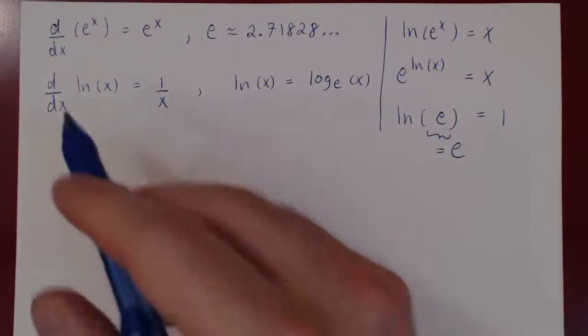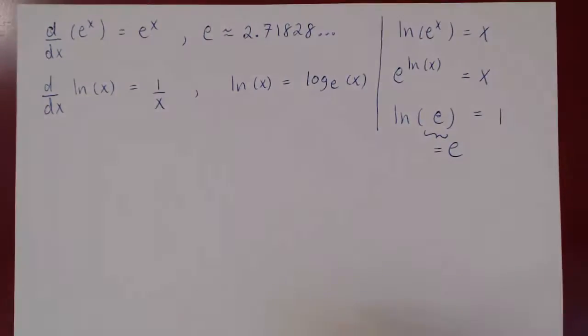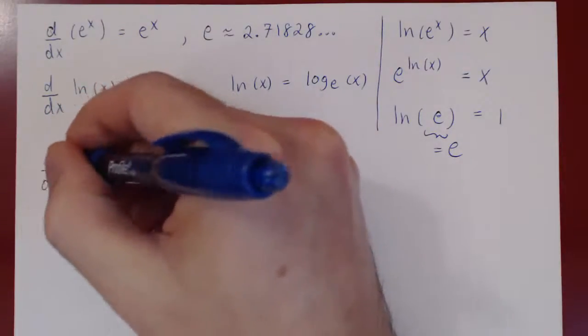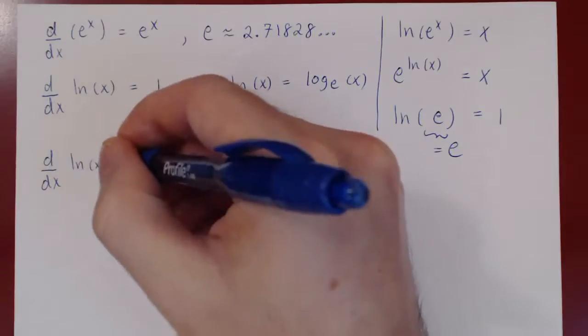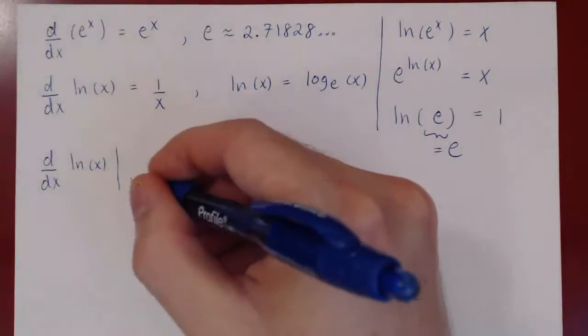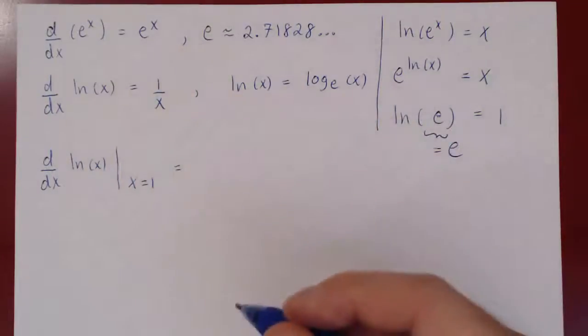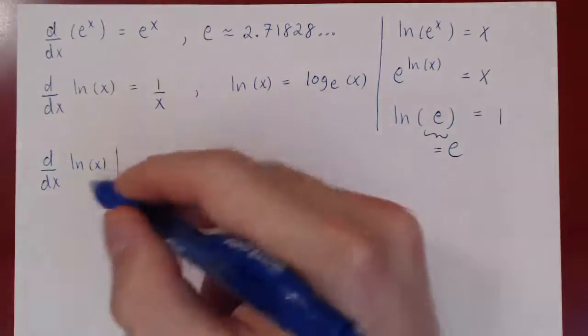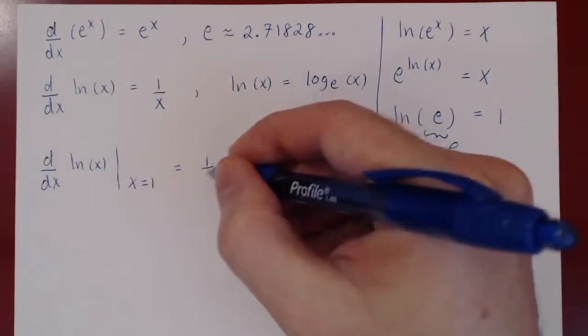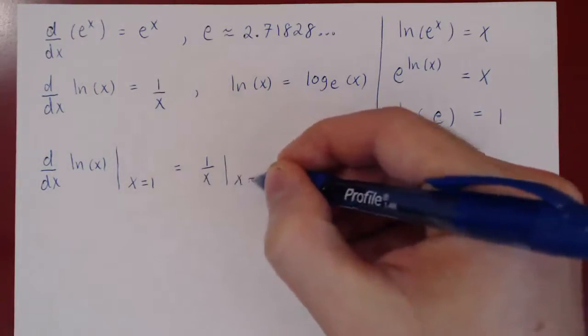So now consider the derivative of ln of x at x equals 1. Right? So the derivative of ln of x we know is 1 over x for every x. And now we want to evaluate specifically at x equals 1. Well, the derivative of ln of x is just 1 over x. So we'll have 1 over x, specifically when x is 1.